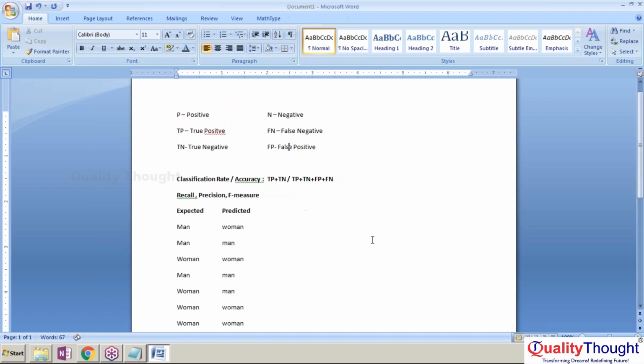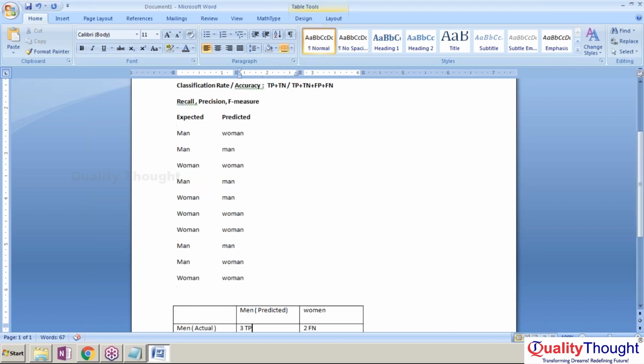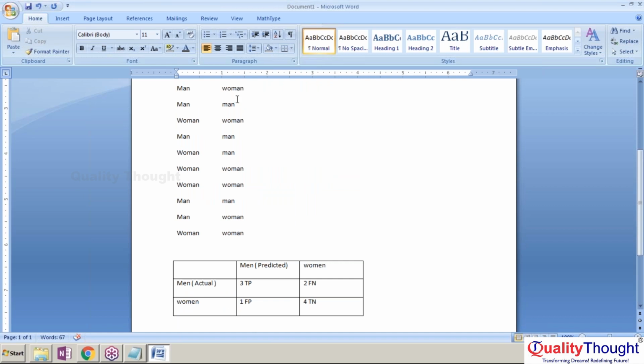Will this suit here? Let us cross check one more time. Actual men are 3 plus 2, 5. 2 men have been predicted as women. Is it right?